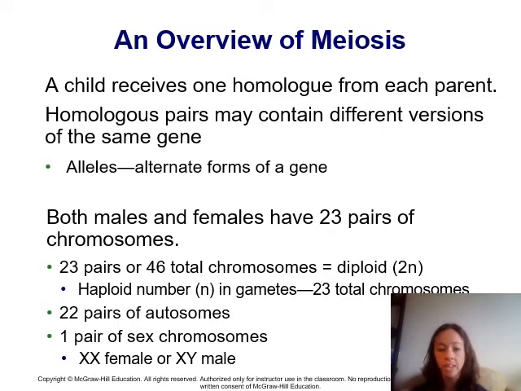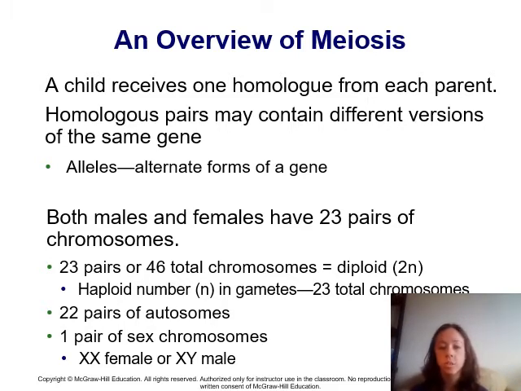However, the gametes that are produced by both males and females are instead going to be haploid, which means that they are going to have half the amount of chromosomes as our normal body cells, also called autosomes. Haploid cells are represented by a lowercase n.